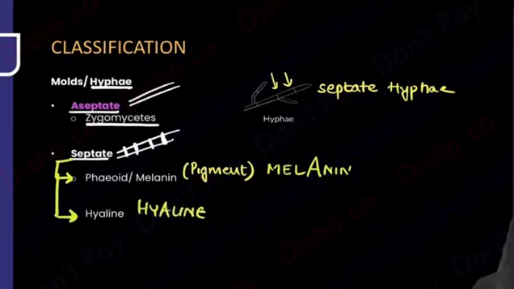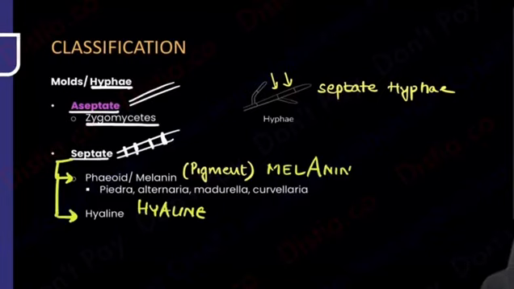Remember that under the melanin one, all these things are going to come: Piedraia, Alternaria, Madurella, Curvularia. These are all the ones which are going to contain melanin or phaeoid. So repeating, Piedraia, Alternaria, Curvularia, Madurella, all the A sounds. Whereas when I'm talking about hyaline, why did I emphasize the Y sound? Because all the Y sounds are going to come under it.